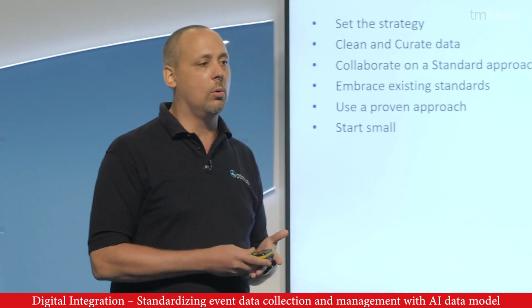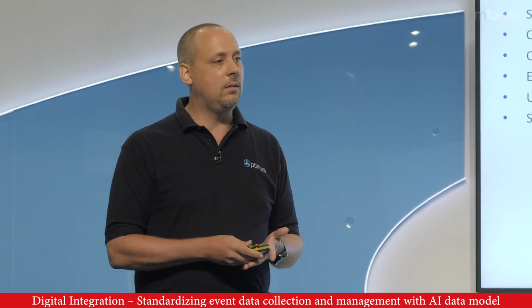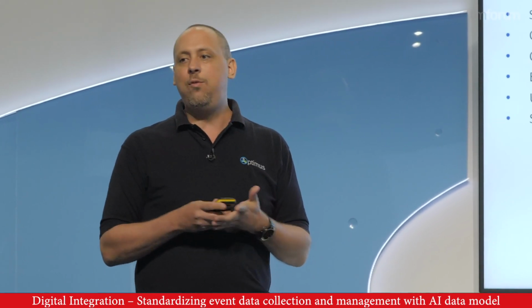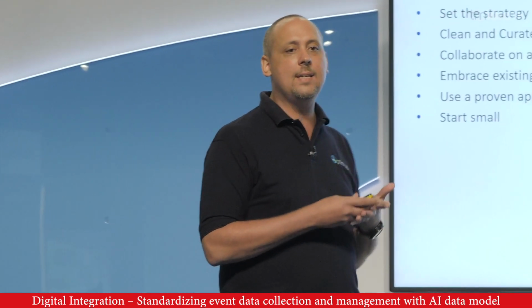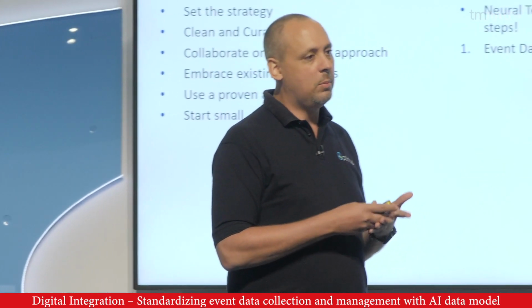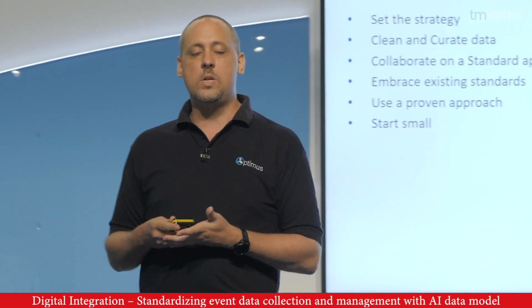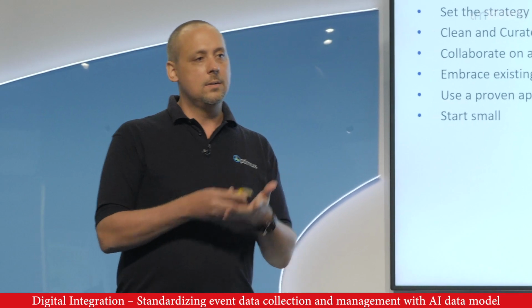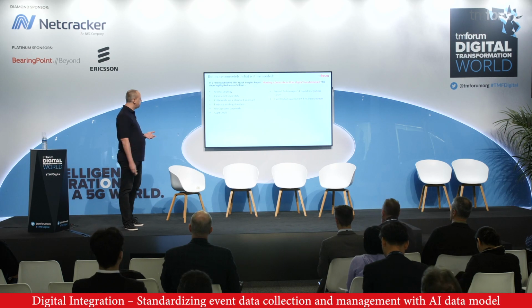In reality, you're looking at oranges, and surprise, surprise, the result that you were expecting is not what you get. And therefore, many times when we look at AI data models that are being used on a predefined standard data set, they produce wonderful results. But once we start to use them across a multitude of different data sets which are not classified correctly, we get undesirable results. So it has to start with event data classification standardization.